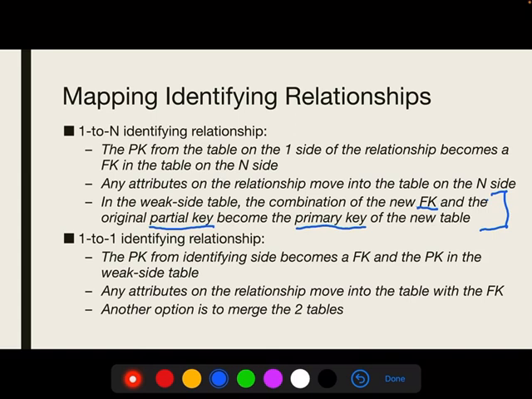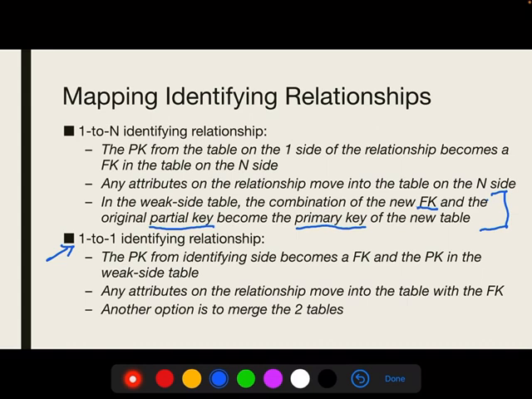So clearly that key from that table should become part of the primary key of the new weak table. If it's 1 to n, it must have a partial key, but we remember with a one-to-one identifying relationship, there's not necessarily any partial key.